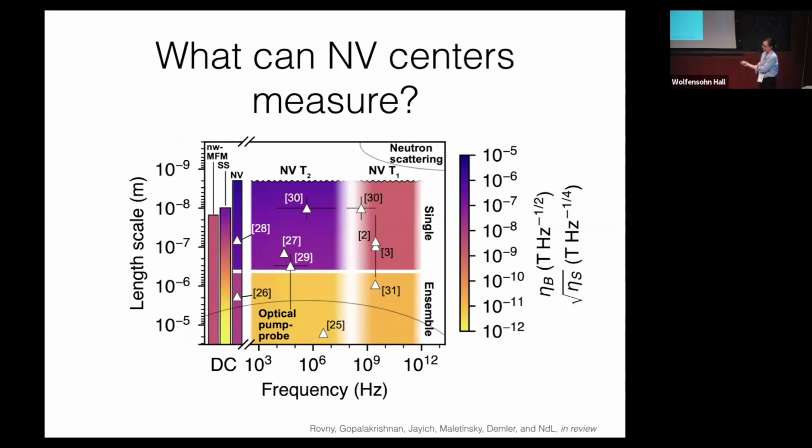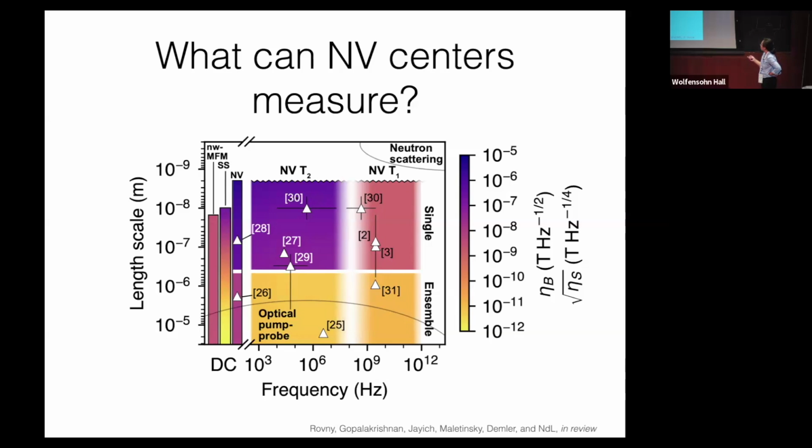It's not exactly fair because not all probes are quantitative. A lot of times you're just looking at some response that you don't really understand, and then you're looking at relative changes. So there isn't a neat sensitivity calculation that we can write down for things like optical measurements or neutron scattering, but we just tried to indicate the length scales and frequency scales here.